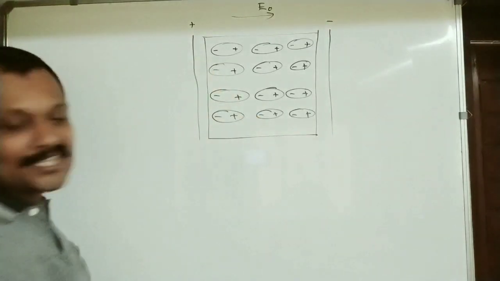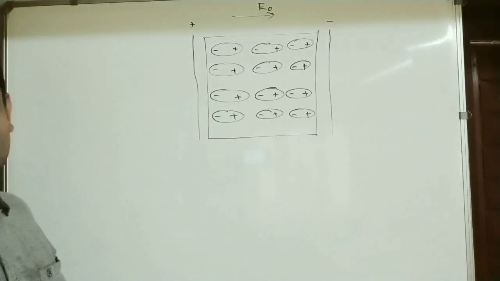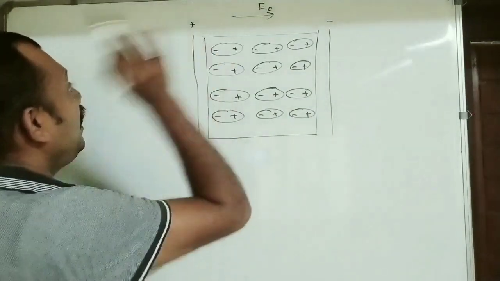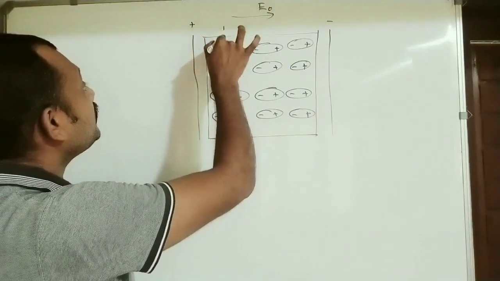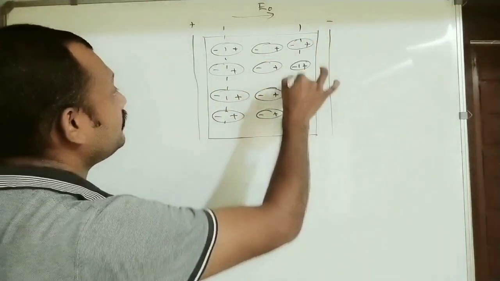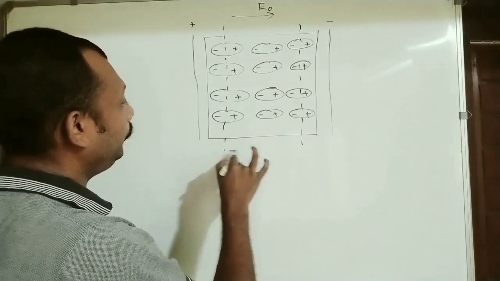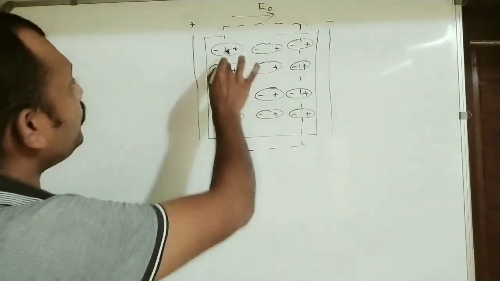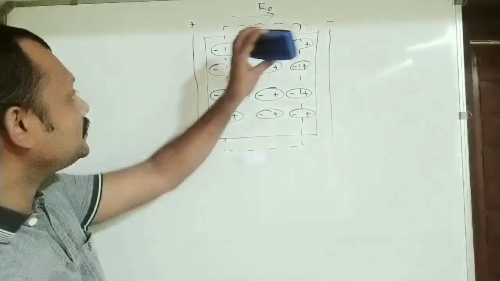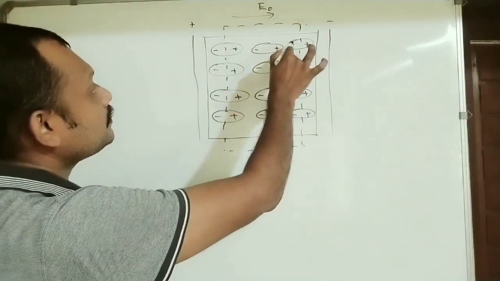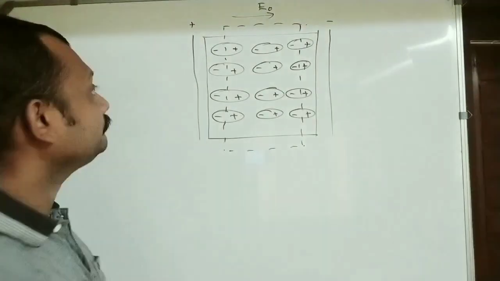Now see this figure. I'm taking a small volume, or a certain region, here. Now tell me, this is a positive charge, this is a negative charge.